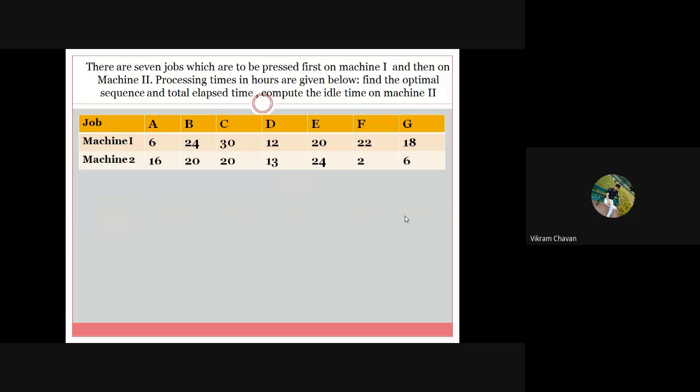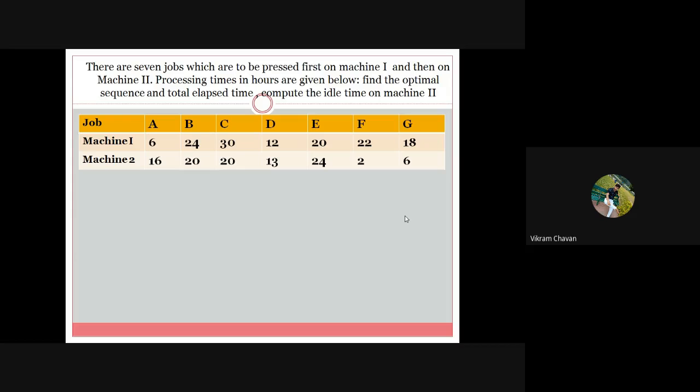Now we are going for the next problem, a somewhat more advanced problem. There are 7 jobs which are to be processed first on machine 1 and then on machine 2. Processing times in hours are given below. Find the optimal sequence and total elapsed time.